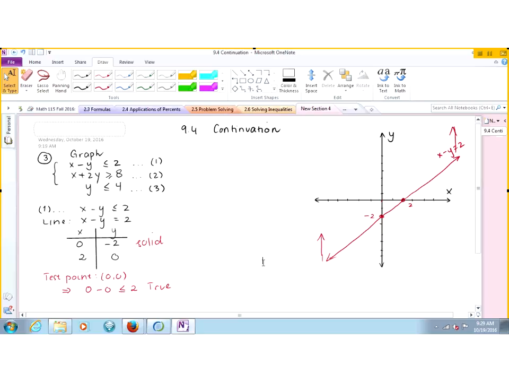So 0 plus 0 is greater than 8. Much below, like about. No, it's 1. That's it.